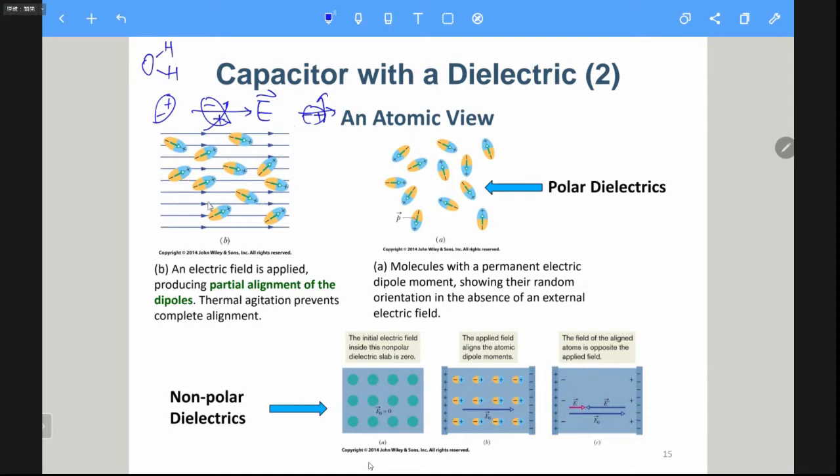So it cannot be perfectly aligned. And for the polar dielectric, if you don't apply any external E field to it, then all the dipoles will be randomly aligned, which means that all the dipole moments will cancel each other, so it will not generate an E field.